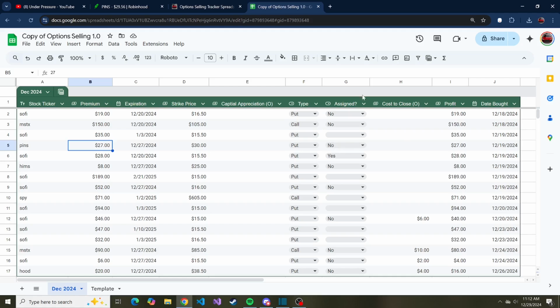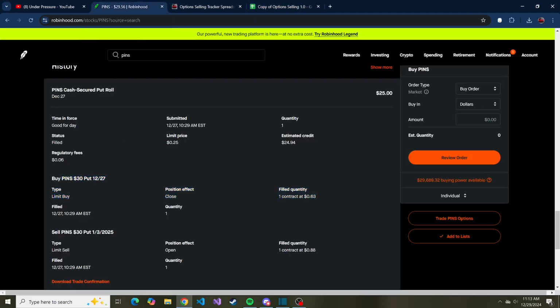So what I do is at the assigned column, I mark it as no because it wasn't assigned. I bought to close it. And what I could do is fill out this cost to close because I paid money to close this. However, I'm going to leave this blank and I'm just going to act like the put that I sold when I rolled it is a brand new put that I sold.